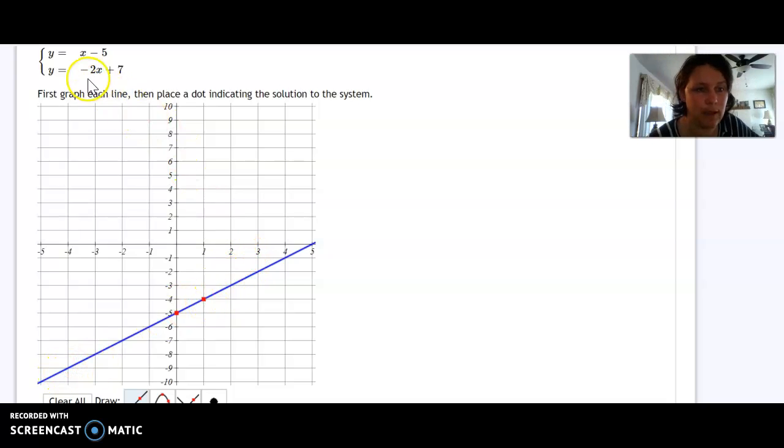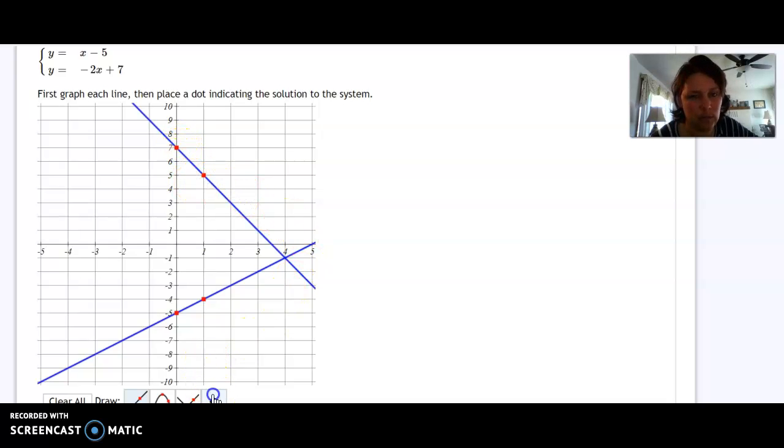Okay, and then now our next line, we're going to start at +7 this time. Again, always starting on this y-axis. And then from 7, our slope is our directions. So it tells me -2, I can make that -2 over 1, so I'm going to go down 2 over 1, and that's always starting from our starting point.